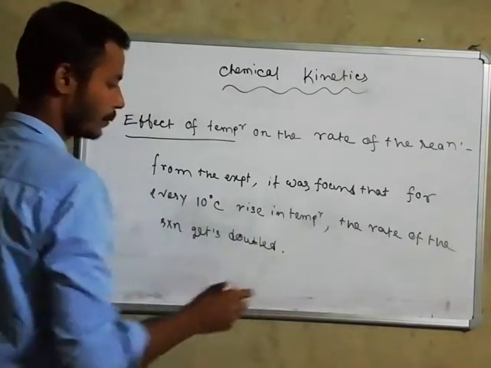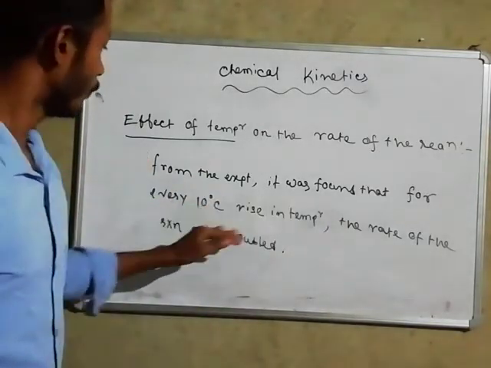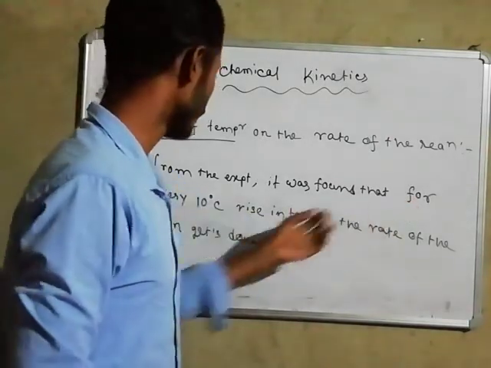So this is obtained from the experiment. So what is the statement? For every 10 degree centigrade rise in temperature, the rate of the reaction gets doubled.